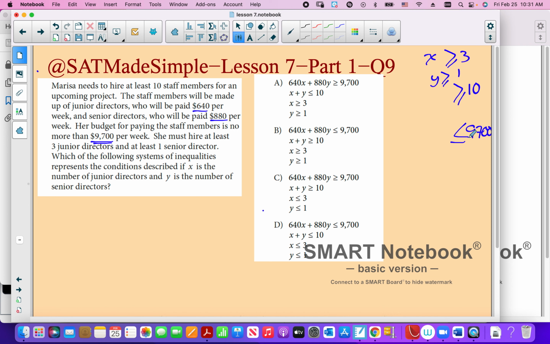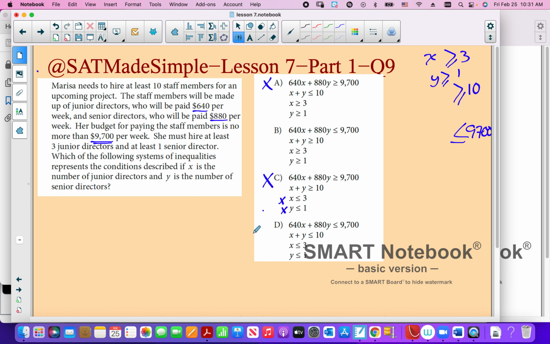First of all, 9,700 must be less than or equal, so it cannot be A, that's greater than, and it cannot be C, that's greater than. Now the junior must be greater than or equal to 3, so X must be greater than or equal to 3, that is making this incorrect, and Y is greater than or equal to 1 making this incorrect.